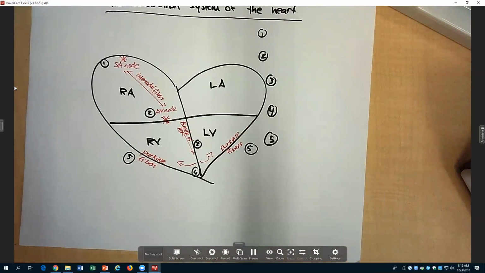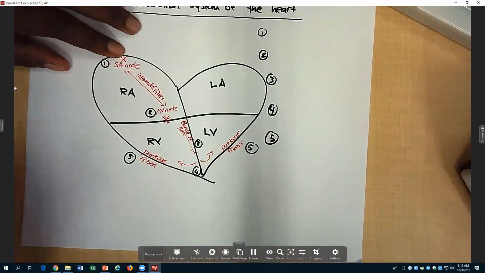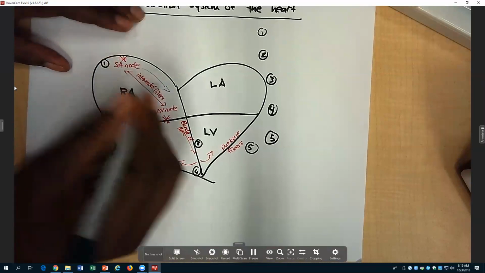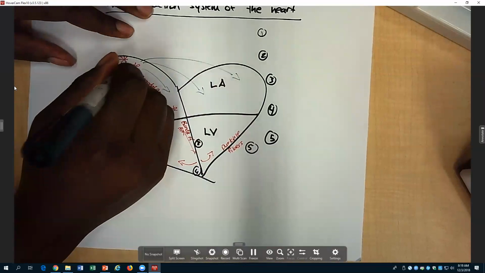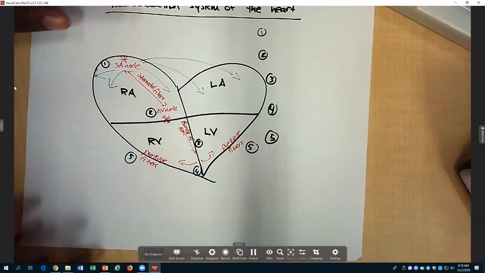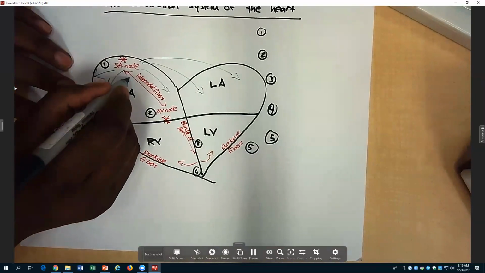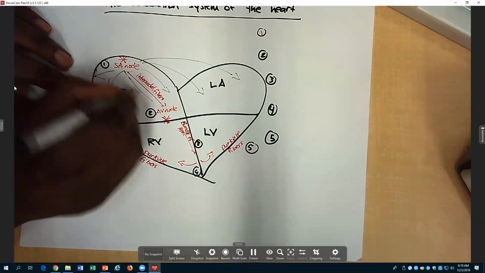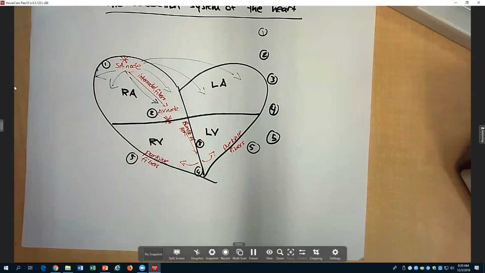Now the first step is the action potential is initiated in the sinoatrial node or the SA node. And that is going to spread throughout both atria. Okay? So the action potential starts in the SA node, it's going to spread throughout both atria, and then it's going to make its way to the AV node.